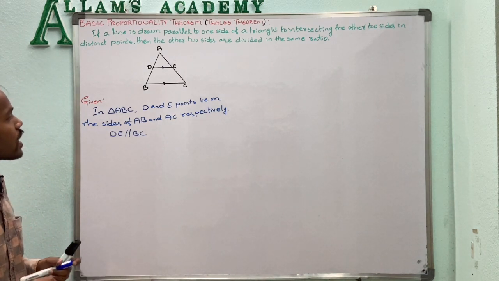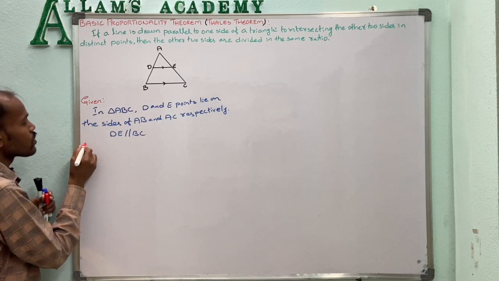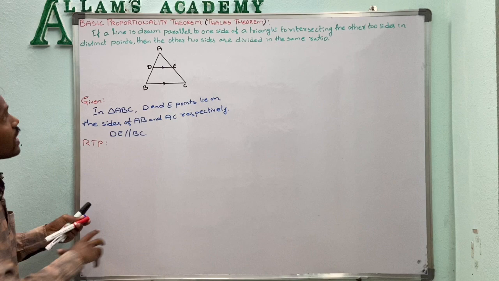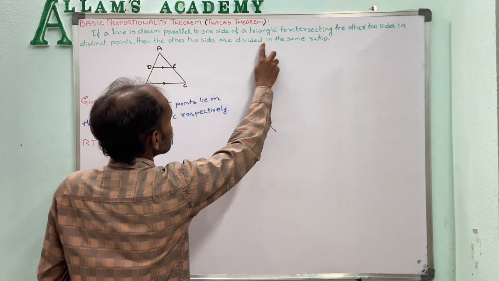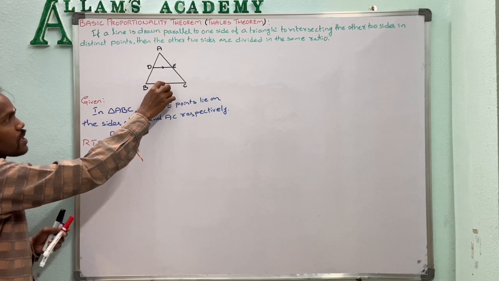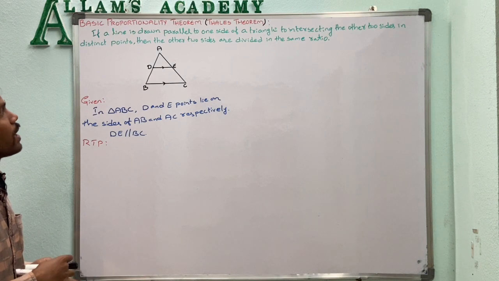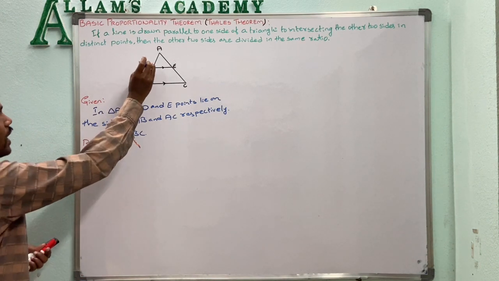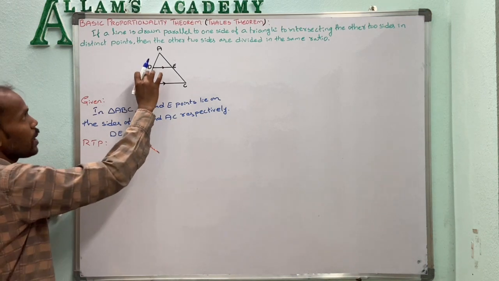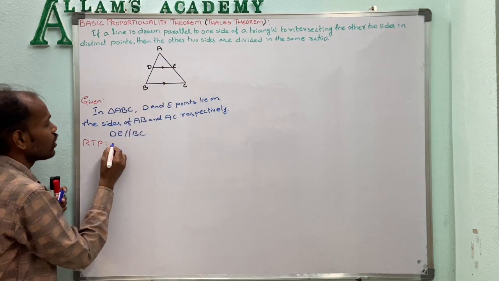Next is RTP, which means required to prove. What is to be proved here? We already said that the other two sides are divided in the same ratio. Here DE is parallel to BC, so that line is done. The remaining sides are AB and AC, which are divided by points D and E in the same ratio.